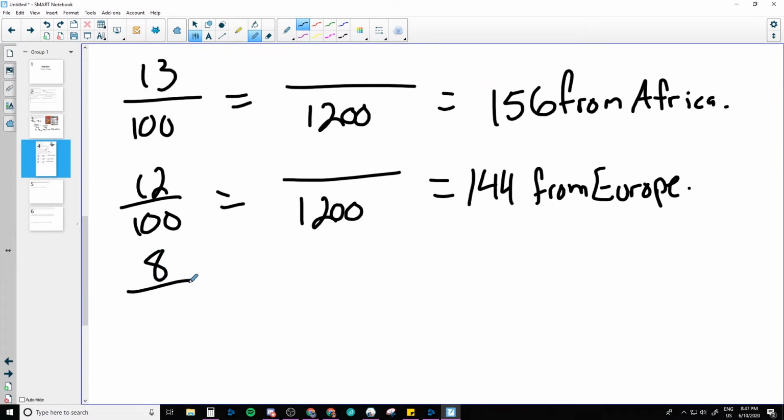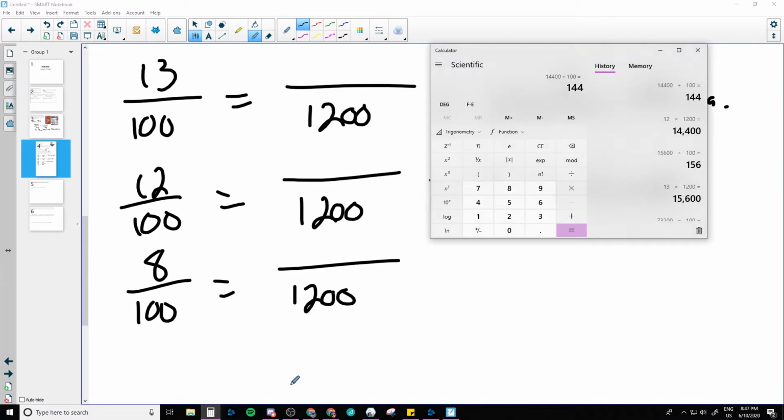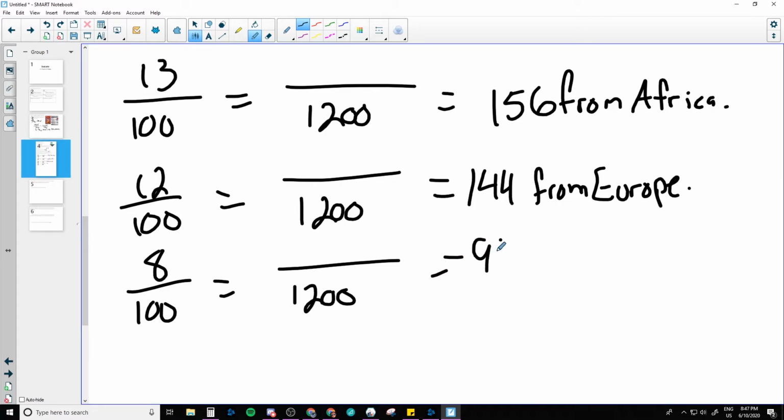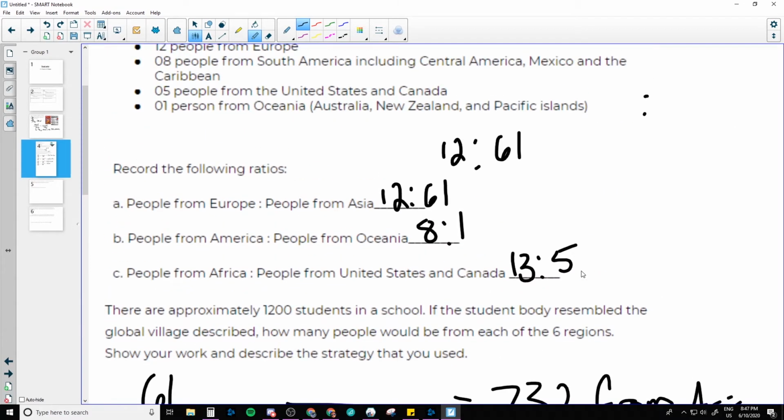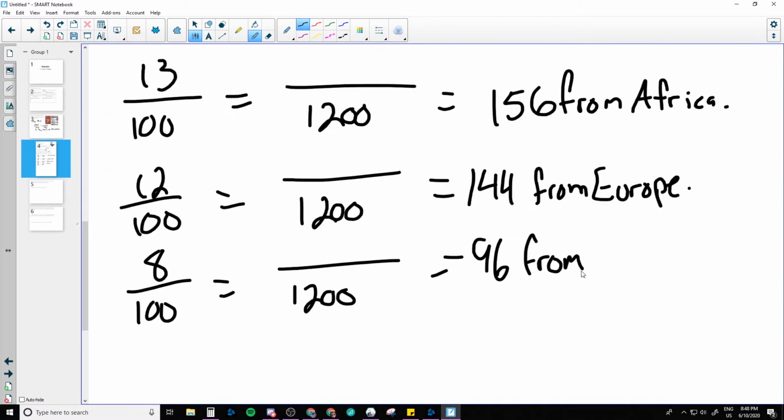So 8 divided by 100 is how many out of 1,200? 8 times 1,200 divided by 100 gives us 96. Is South America? Yeah.